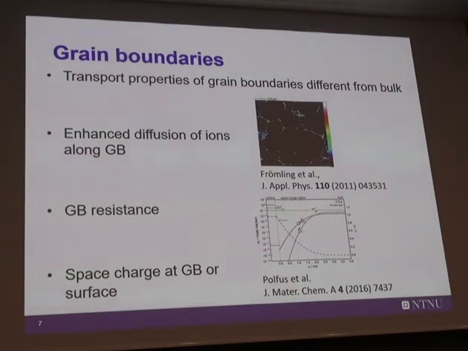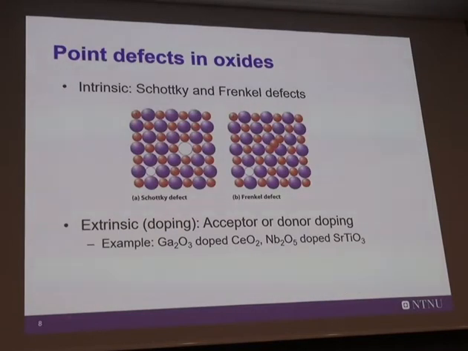Okay, then let's move to the point defects in oxides. Then we normally try to distinguish between what we call intrinsic and extrinsic defects. You can argue about where you put the border between intrinsic and extrinsic. But the two most important intrinsic point defects in ionic systems are Schottky and Frenkel defects.